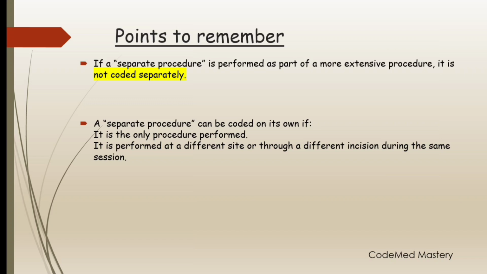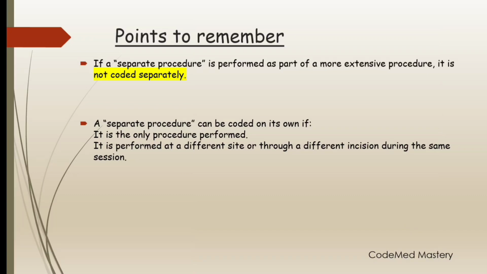So if in front of a code they have mentioned separate procedure and that procedure is the only procedure performed, then you are going to code it. Third, it is performed at a different site or through a different incision during the same session. It means that a separate procedure can be coded if it is performed at a different site or through a different incision during the same session.